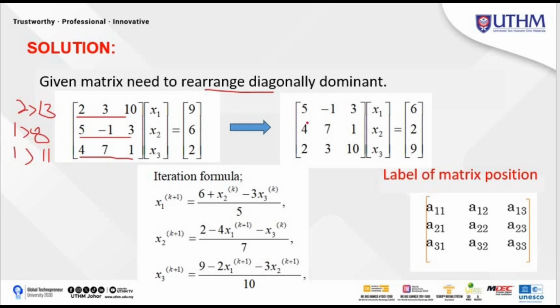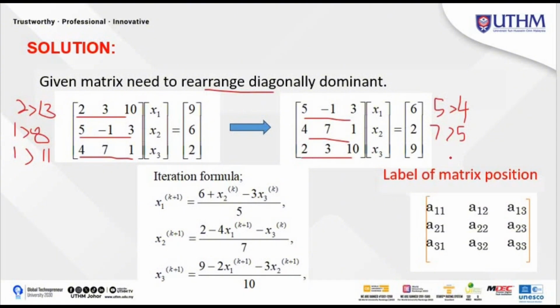Look at the new matrix, this one. If you look at here, row number 1, 5 is more than 4. So this is diagonally dominant. And then look at the second row, 7 is more than 5. So this is also diagonally dominant.